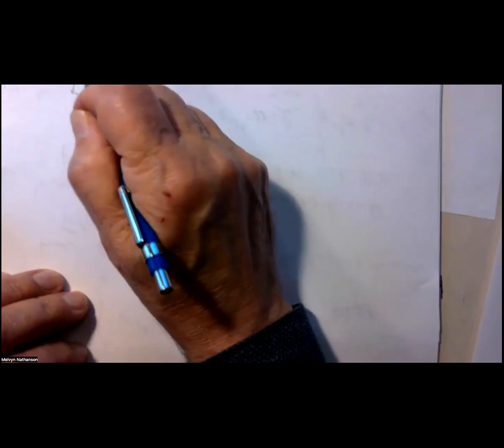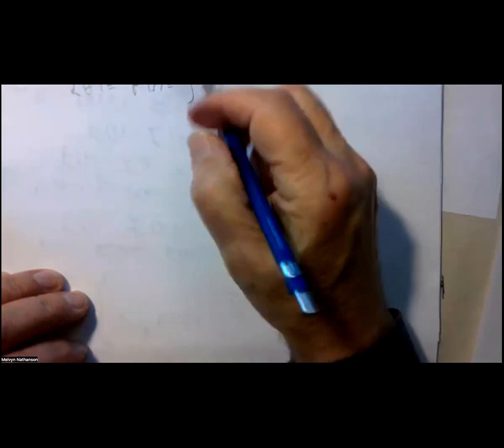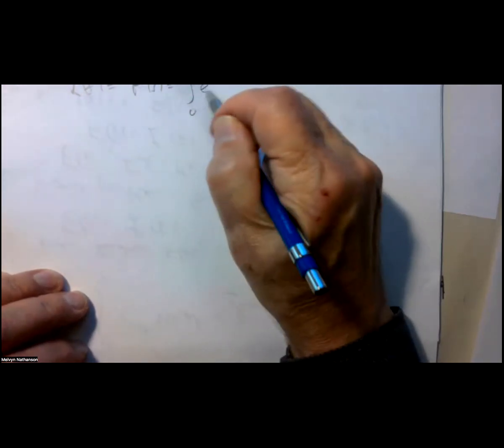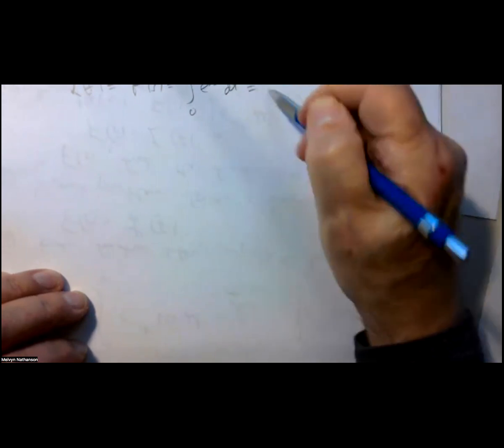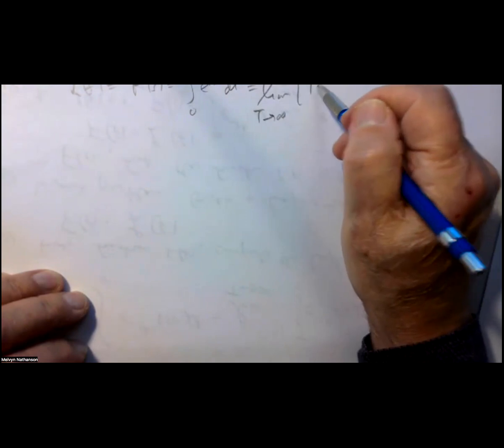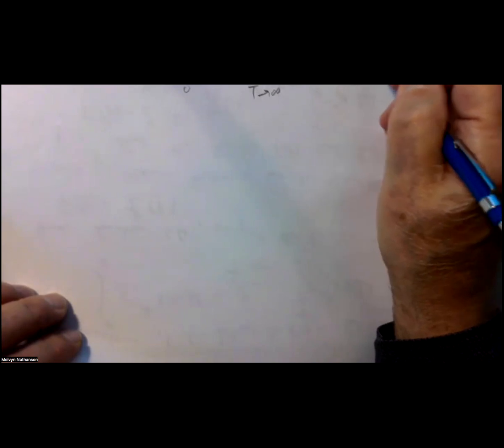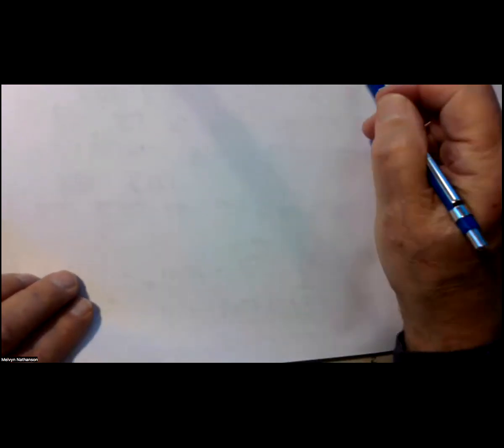So let me write that down again more clearly. If you have f of t equal to 1, the Laplace transform of f is the function capital F of s, defined to be the integral from 0 to infinity e to the minus st dt. That's the limit as T goes to infinity of 1 minus 1 over s e to the minus sT. What is this limit?